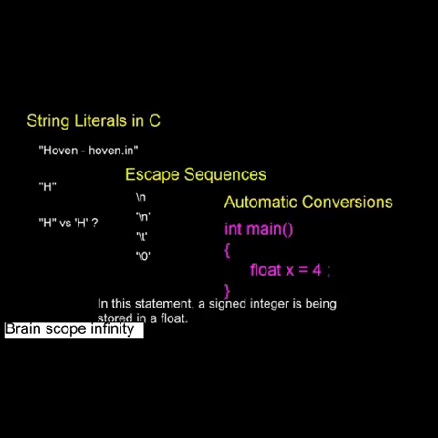In this statement, a signed integer is being stored in a float. Obviously, the integer will be automatically promoted to a float type. This is an automatic conversion. But it is a fairly harmless one. It's safe because 4 is converted to 4.0 without any loss of accuracy.